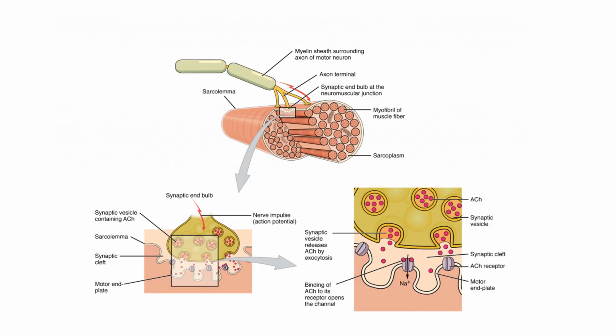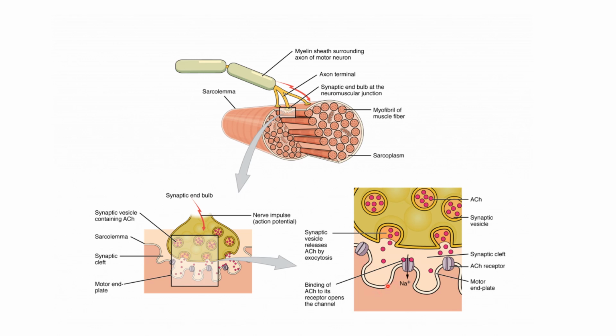Same is the case with muscles. We see here an axon of a neuron coming at the muscle membrane, the plasma lemma, and the neuron is releasing neurotransmitter, which gets attached to sodium chemical gated channels.